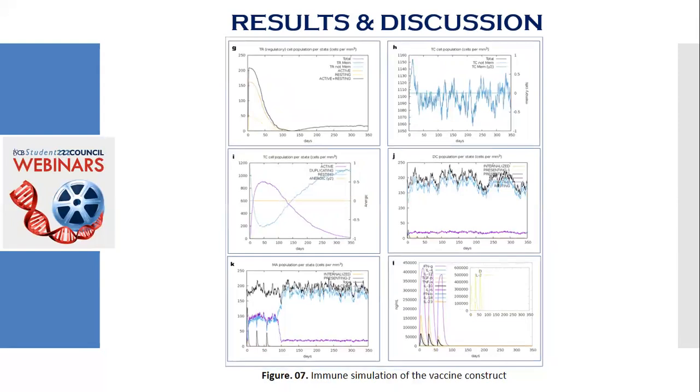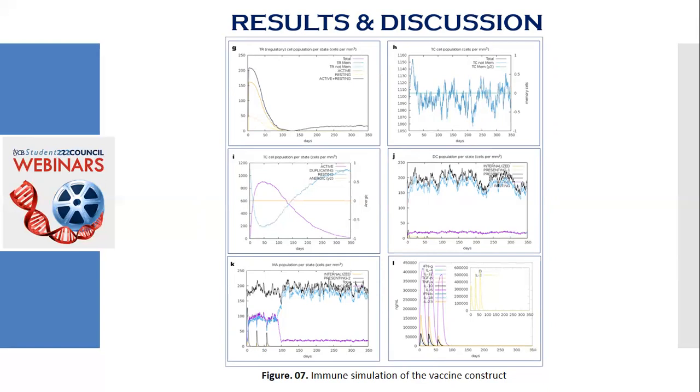And here, graph G illustrates the elevation in the regulatory T lymphocytes over the course of the 3 injections. Graph H shows the increment in the cytotoxic T lymphocyte population over the course. Graph I displays the increase in the active cytotoxic T lymphocyte population per state over the course. And graph J shows the rise in the active dendritic cell population per state over the course.